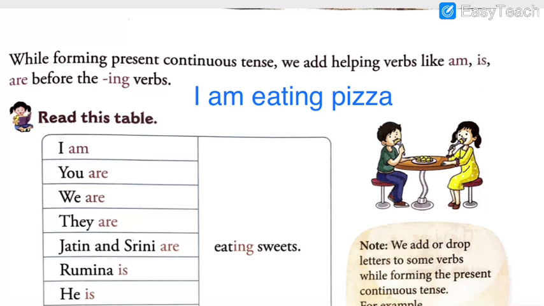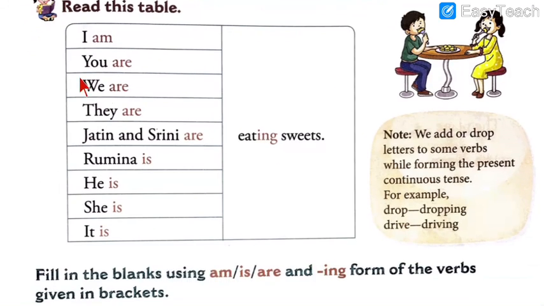Now let us see all the other examples for the same. We are eating sweets. They are eating sweets. Jatin and Srini are eating sweets. Rumina is eating sweets. He, she, it is eating sweets. Can you see the difference?